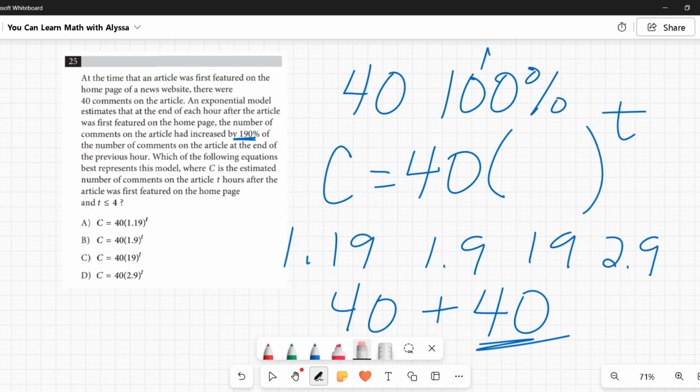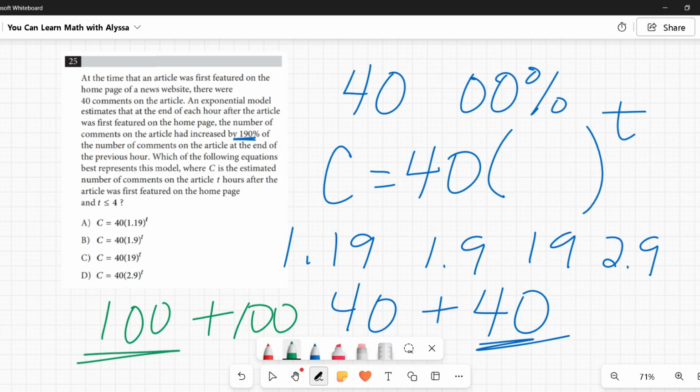So no, you don't multiply by 100 to show a 100% increase. You multiply by 100 plus 100, because that original 100, these are both percents, by the way, represents that original number of comments. And that 100% increase is how many more comments you had. So it'd be 100 and 100, 200% if it is a 100% increase.